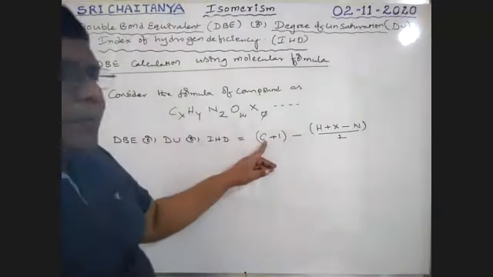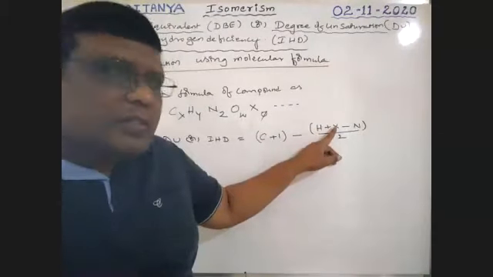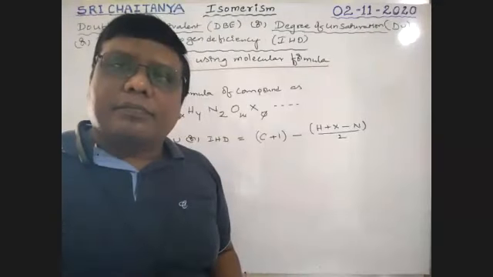So here C is the number of carbon atoms, H is the number of hydrogen atoms, X is the number of halogen atoms, and N is the number of nitrogen atoms.